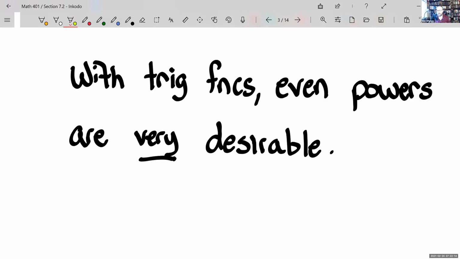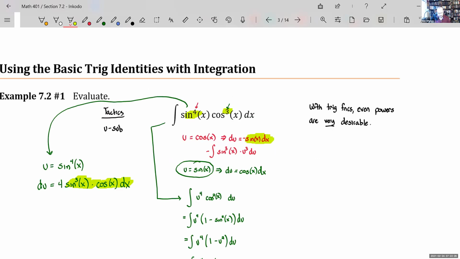You really would love to have even powers because then you can use the Pythagorean identities. The ultimate goal is to use those Pythagorean identities, maybe the half angle identities, but mostly the Pythagorean identities. Essentially, the material in this section is just glorified u substitution.